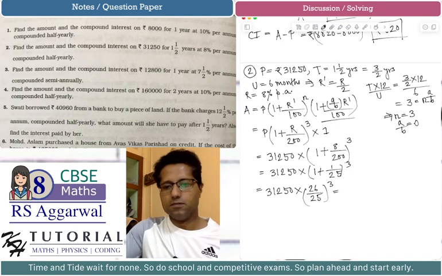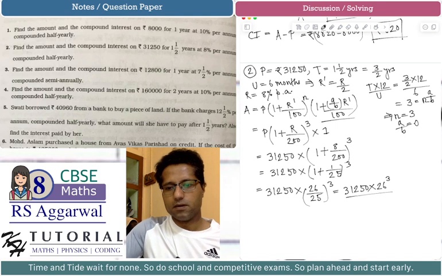This is equal to 31250 multiplied by 26 cube divided by 25 multiplied by 25 multiplied by 25.